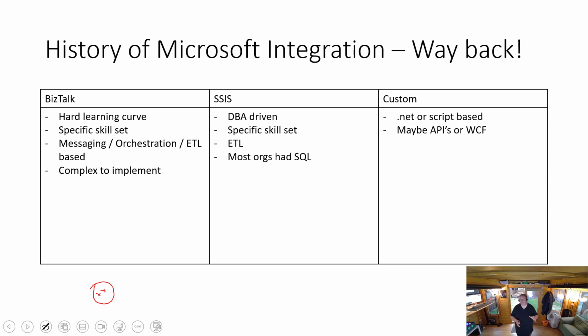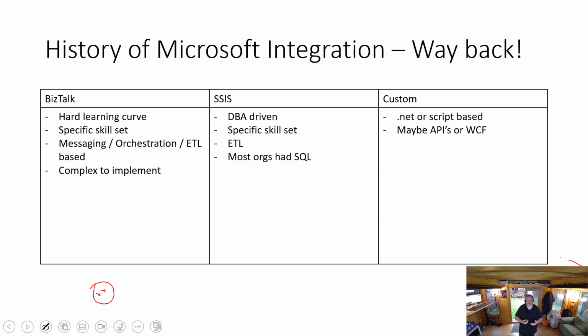The thing BizTalk and SSIS had in common was they were both trying to provide capability around a visual designer for building your solutions. SSIS had a more DBA-focused skill set though, and because it was part of the SQL ecosystem, it was very common that companies would have SSIS.